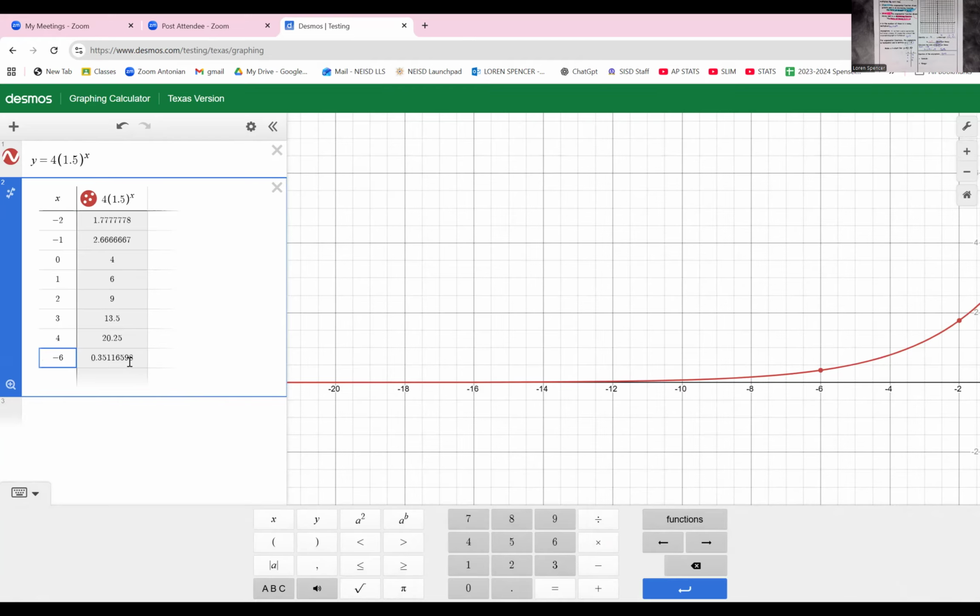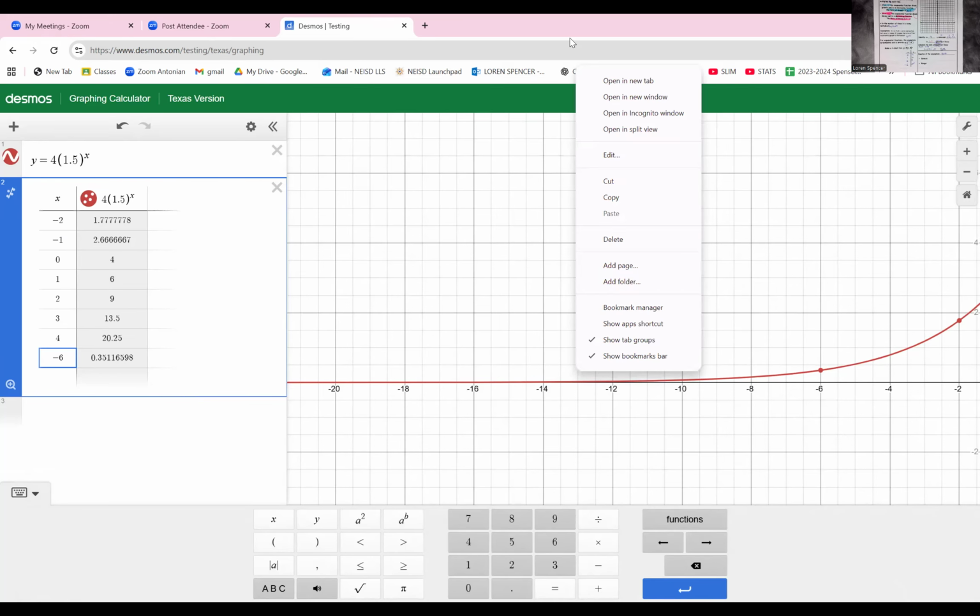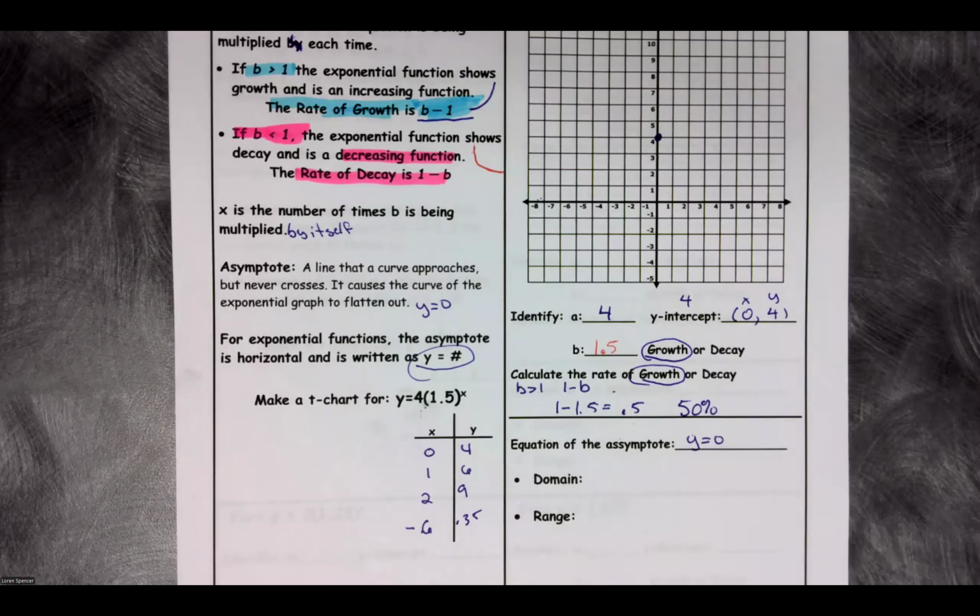And I get 0.35. I'm also going to record that point as -6 and call that 0.35. And we'll estimate about where that is, and we're going to draw our graph. So I'm going to stop the share, and we're going to plot those points on our graph.